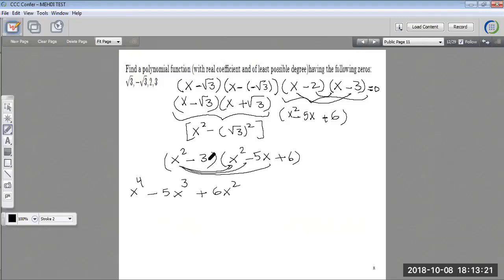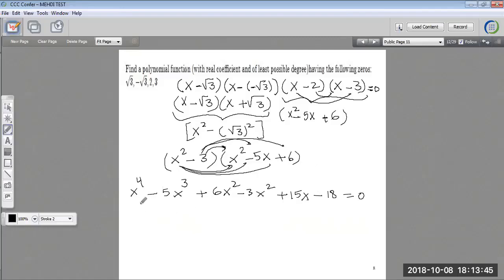Continue with negative 3 the same way. Negative 3x to the power of 2 plus 15x, minus 3 times 6, 18. So all I have to do now is combine like terms.